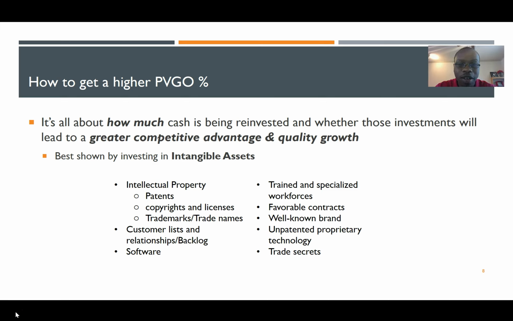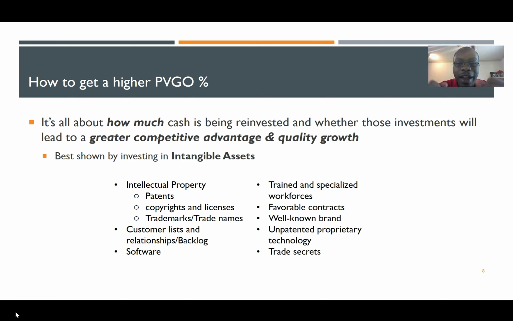They come from the intellectual property you have. They come from the backlog you have relative to other companies in your industry. They come from software, technology. They come from a well-known brand. All these things matter.